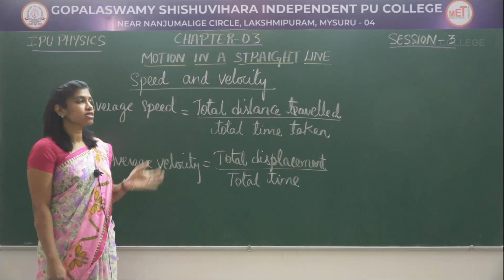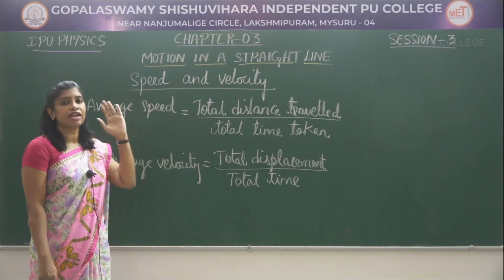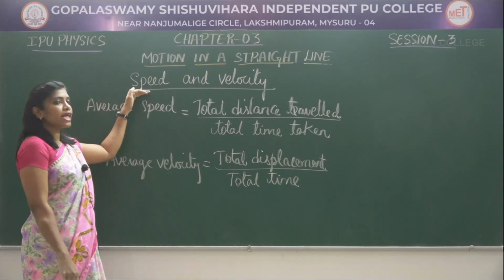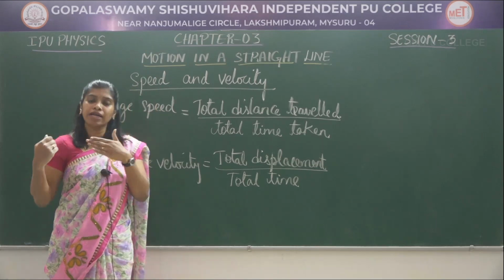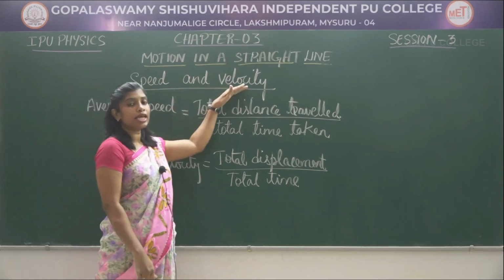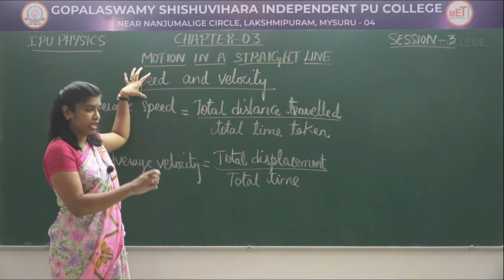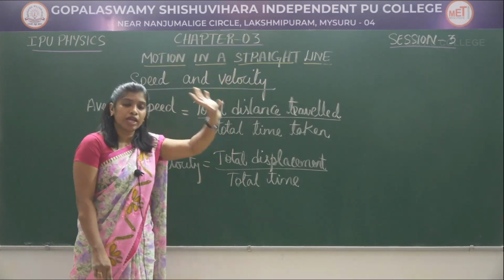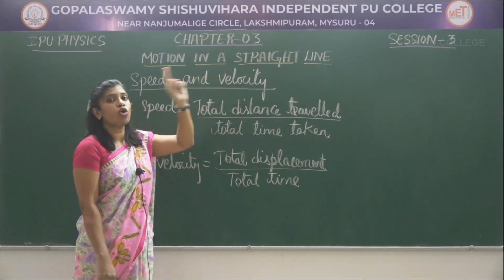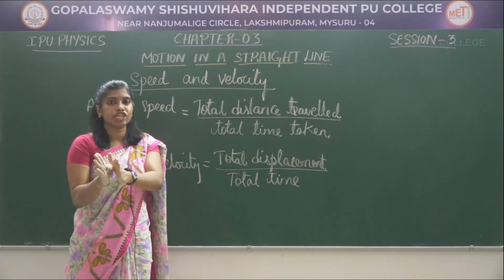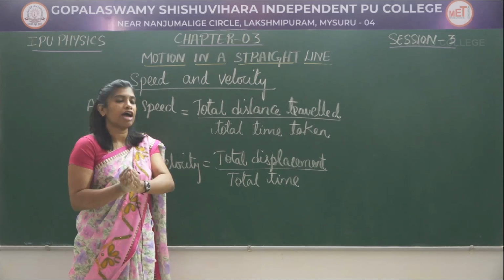So let us revise whatever we have studied about speed and velocity. Speed is distance travelled by time taken, whereas velocity is displacement by time. Speed is a scalar quantity, velocity is a vector quantity, as a vector also depends upon the direction in which the body is travelling.